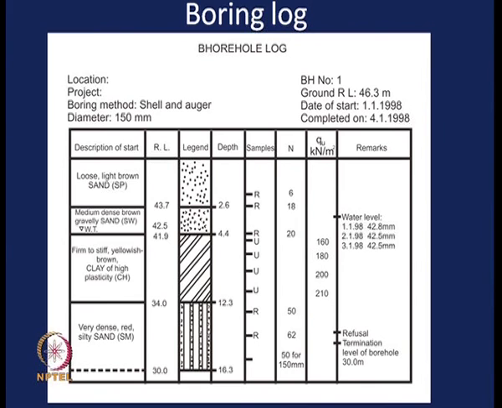Here the soil sample collected is representative, and the N values for this level are 18 and 16, and the ultimate load carrying capacity is 160 kilonewton per meter square. Then the position of the water table, and where the refusal of the N value is observed, all those things we have to mention in that particular borehole.